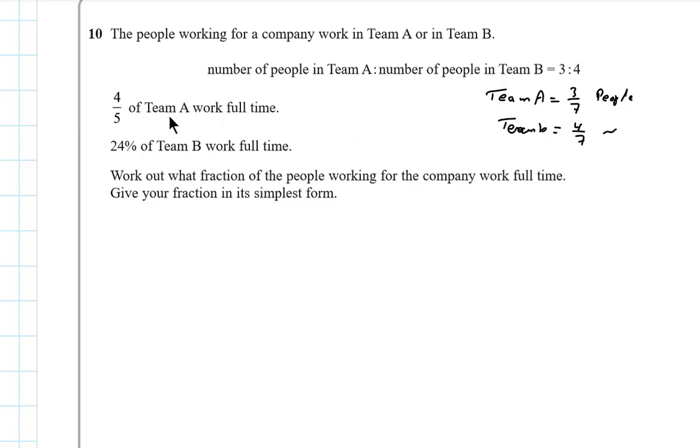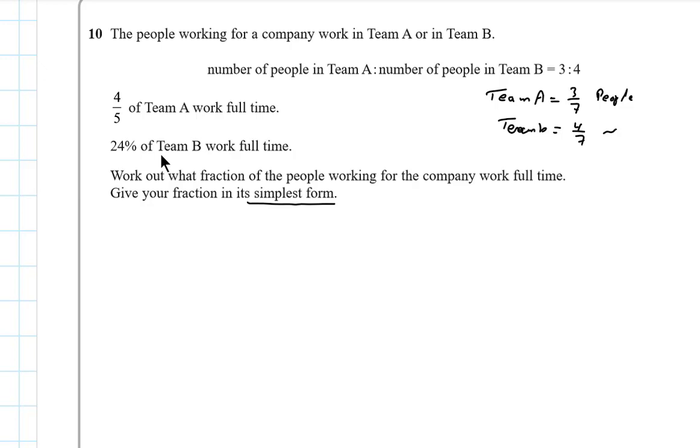4 over 5 of team A work full time, 24% of team B work full time. Work out what fraction of the people working for the company work full time, and write it in simplest form.